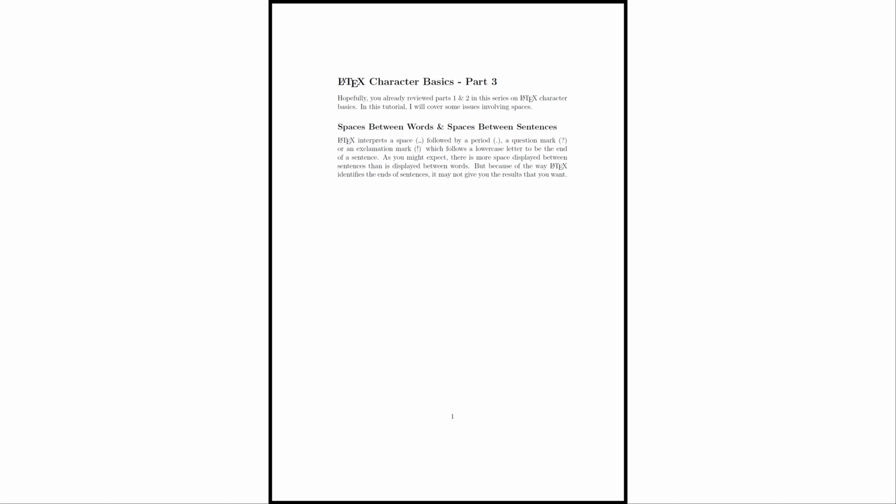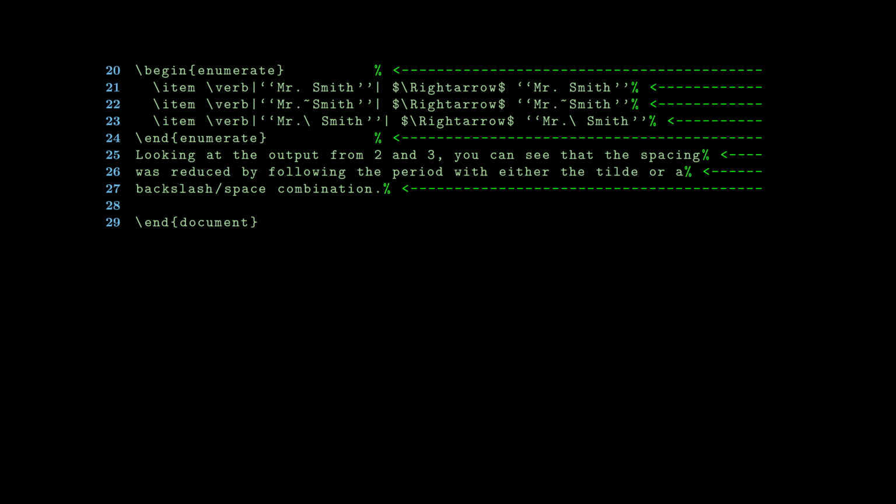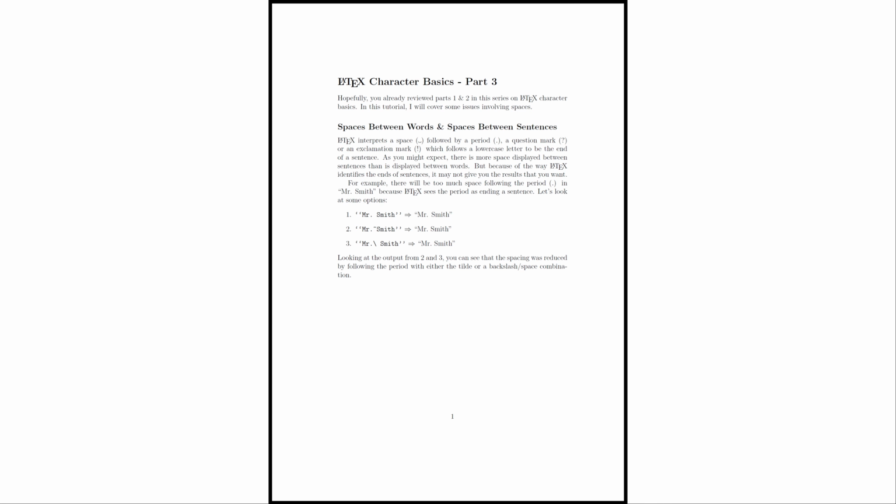So if you've got a space which follows any one of a period, a question mark, or an exclamation mark, if they follow a lowercase letter, LaTeX will interpret that to be the end of a sentence. Okay, and it gives more spacing between sentences than it does words, so it kind of matters. And that's not always a good thing, as we're going to see here.